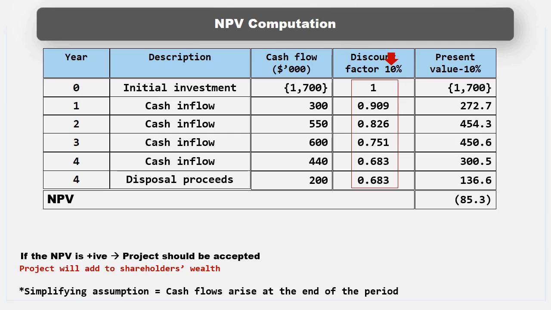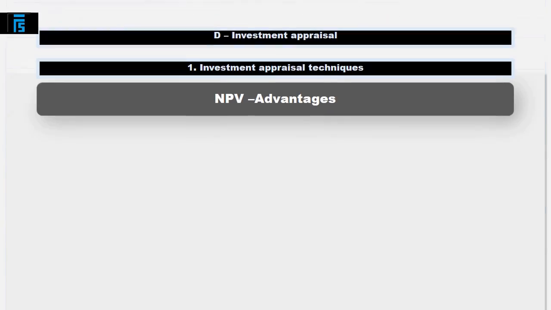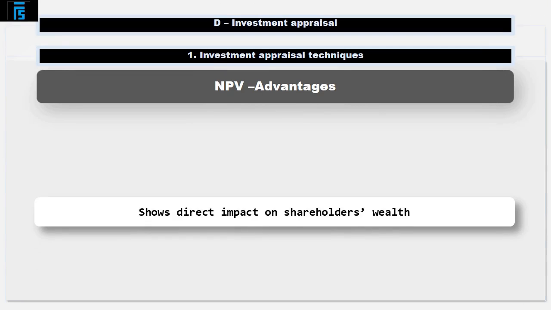In this case, the NPV is negative, and this would suggest the project should not be undertaken, because to do so will reduce the value of the business by $85,300. NPV has much to commend it as a technique. First and foremost, it gives a direct answer to the question, what will be the impact on shareholder wealth if I take this project on?